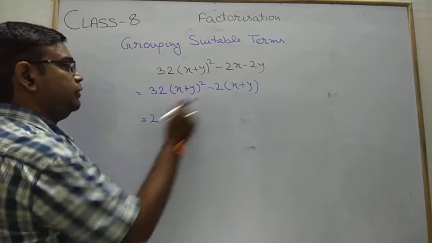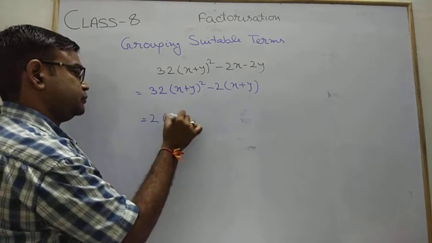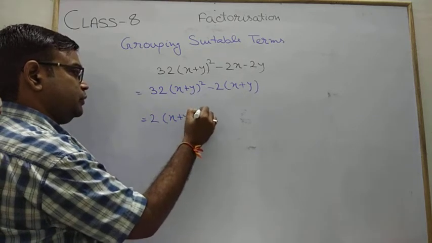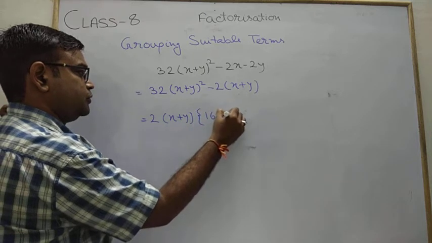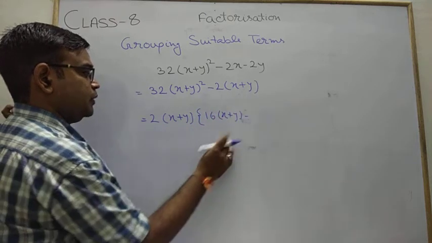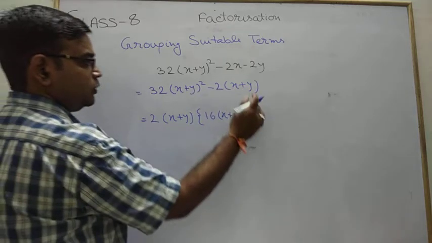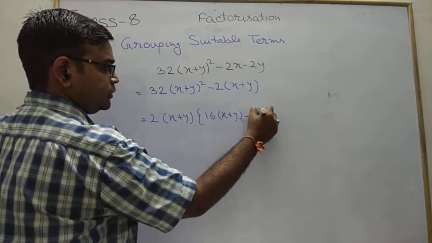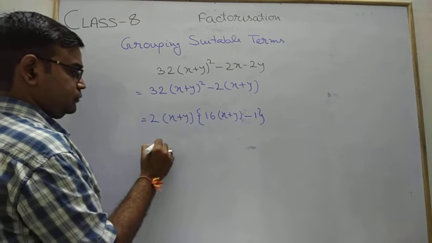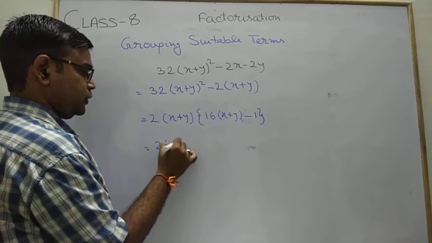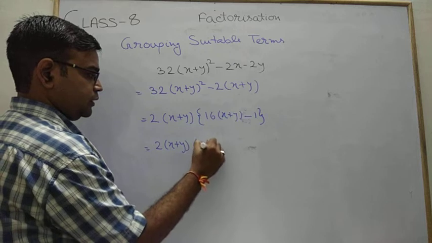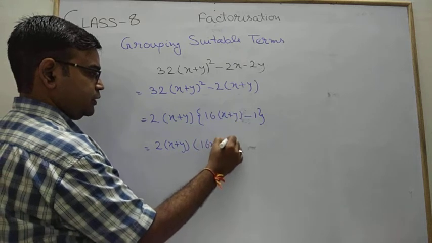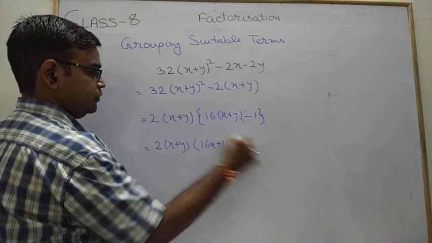Then after 2 we have x + y common. So 16(x + y). 2 is common and x + y is common. So what is left? Only 1. 2(x + y)(16x + 16y - 1).